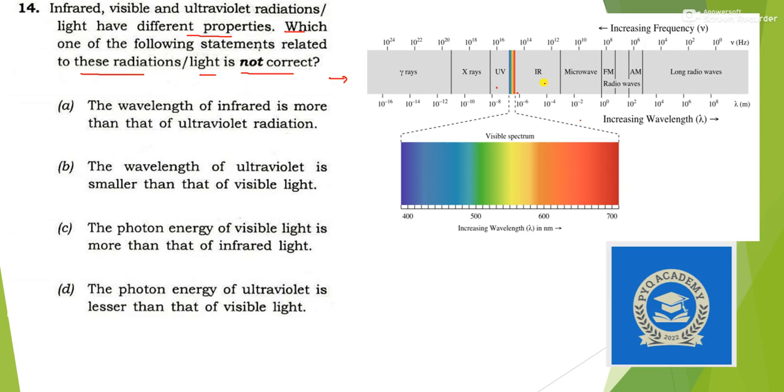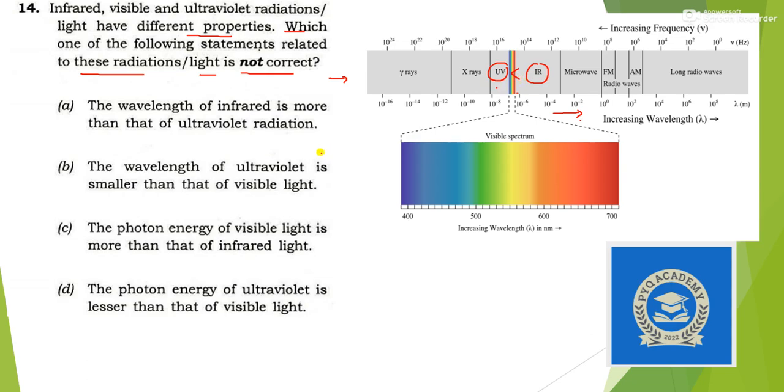So let's try to solve the question. While we go this side, the wavelength will increase and frequency will decrease. So in the first statement, the wavelength of infrared is more than that of ultraviolet radiation. So yes, wavelength of infrared is more than ultraviolet.